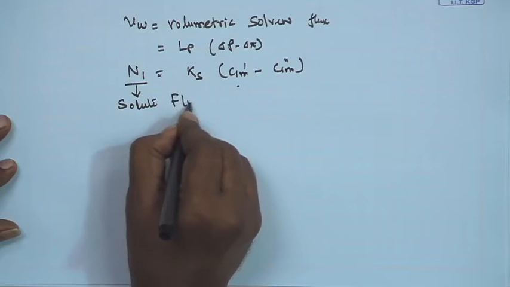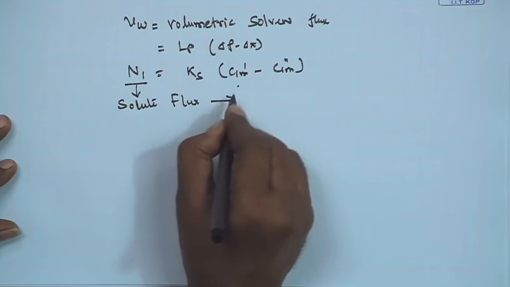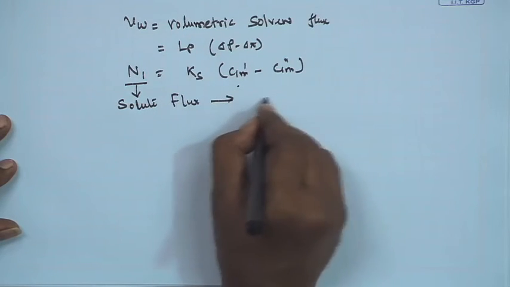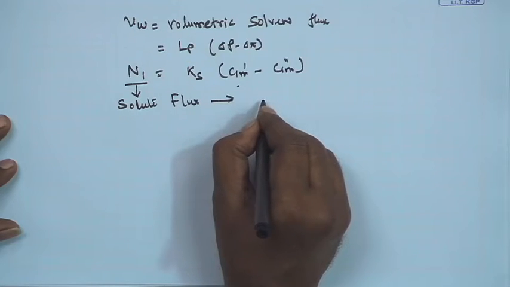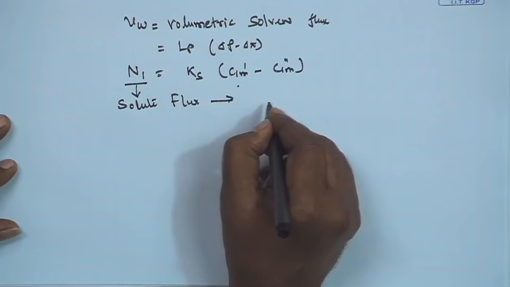Now, we express the solute flux in terms of solvent flux. So, in terms of solvent flux, it is basically the amount of solute that will be carried, that will be entrained, that will be carried away with the solvent flow. So, what is that? This will be nothing but V w times C1m double prime.